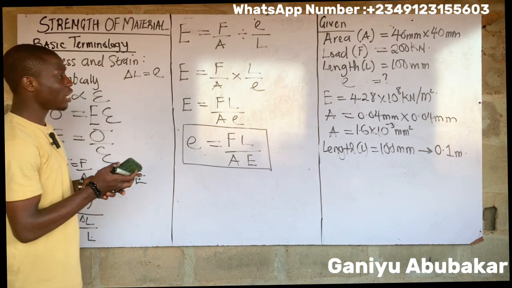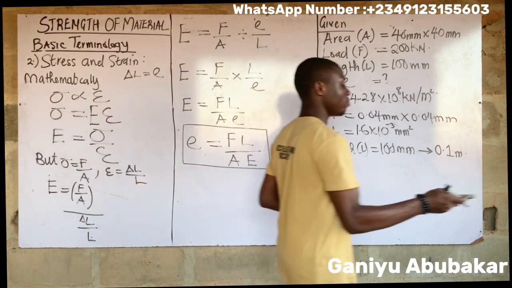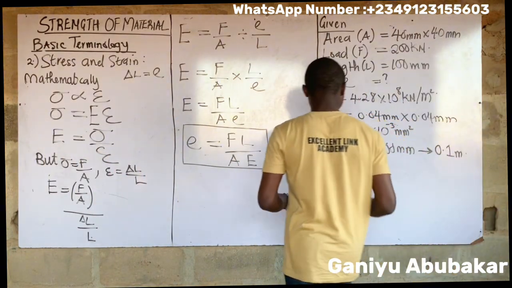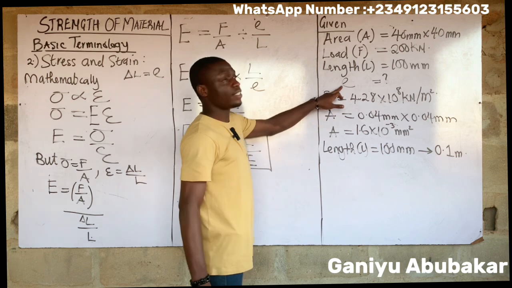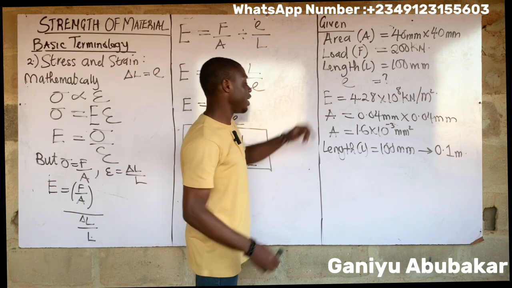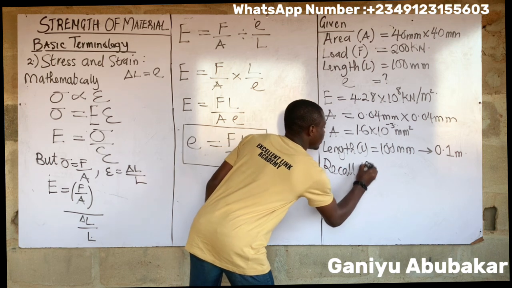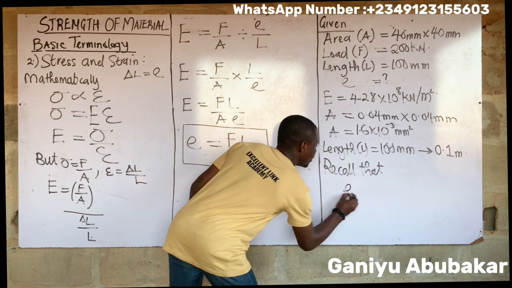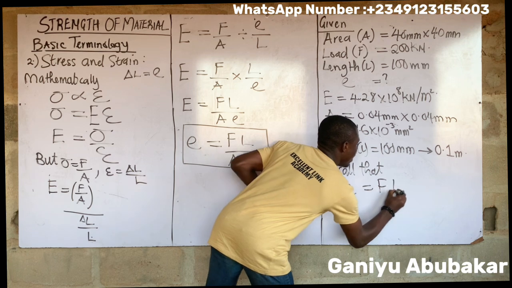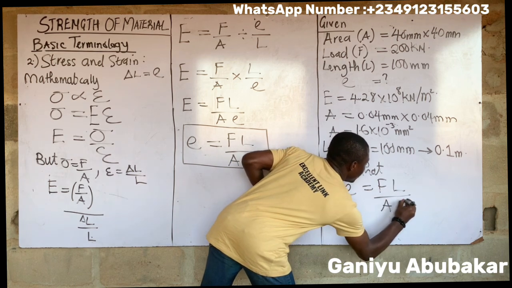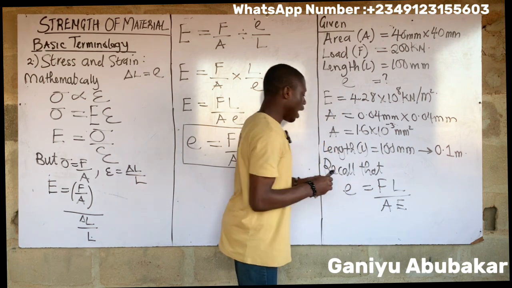So now let's put in our values and let's see what we get. We said calculate shortening length. Recall that e is equal to FL all over AE. Am I given force?